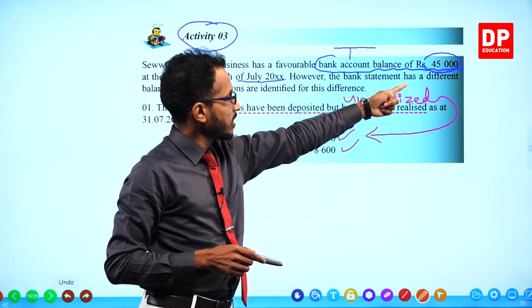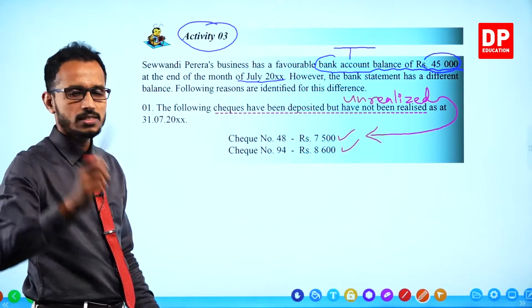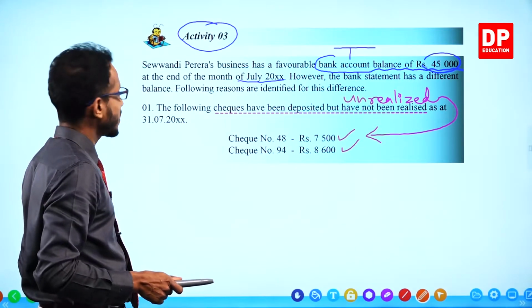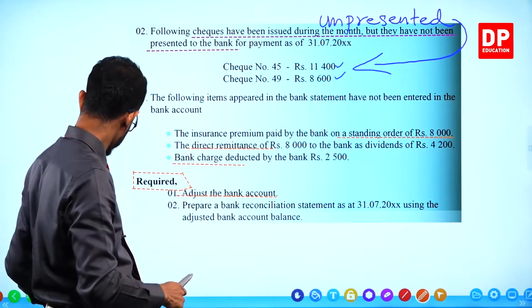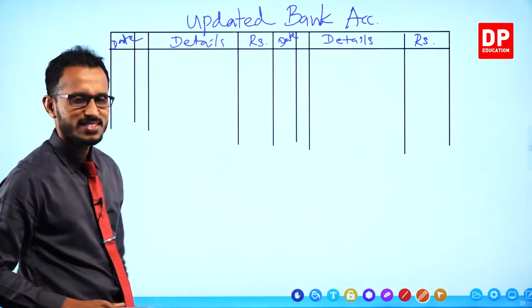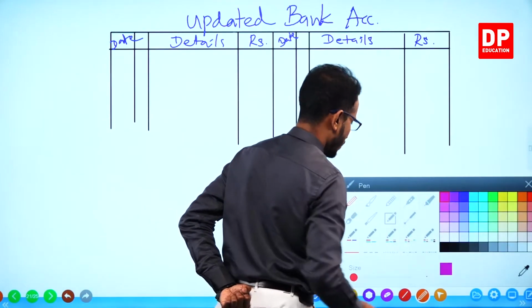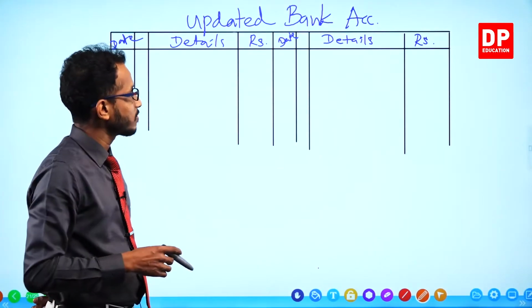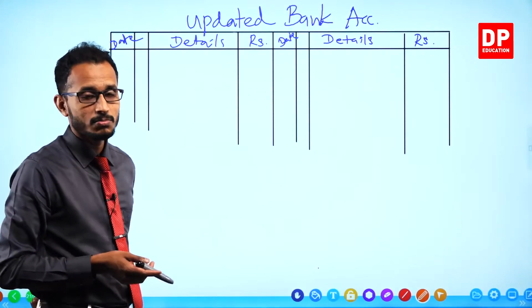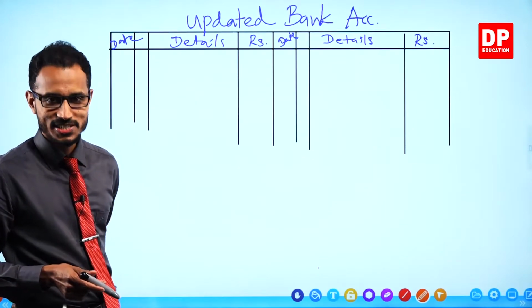However, the statement balance is different to that, so we are going to take that and adjust. It's not a bomb squad to blast it off. It's just a bank reconciliation.